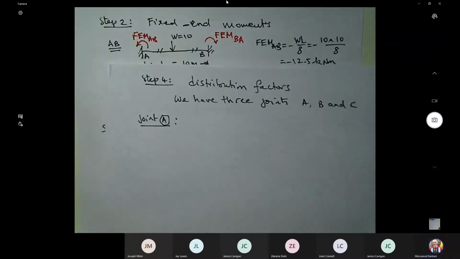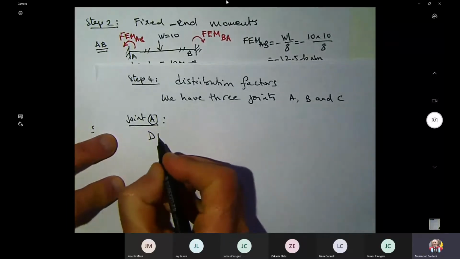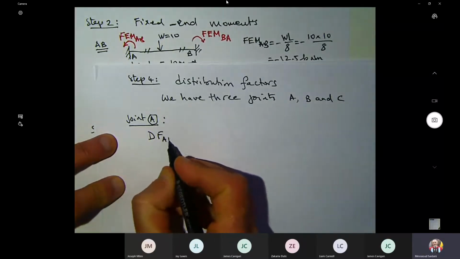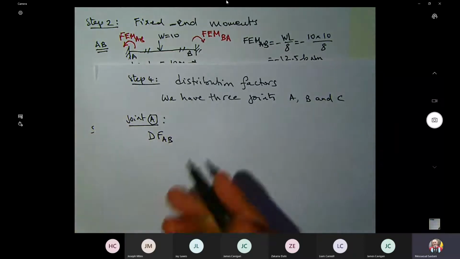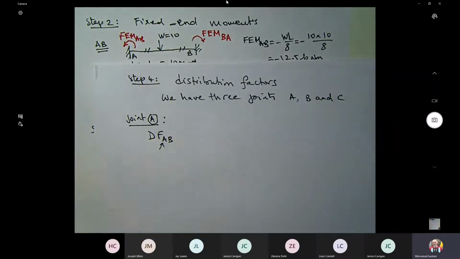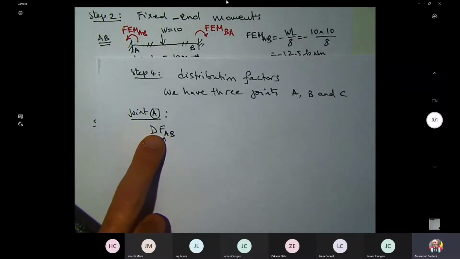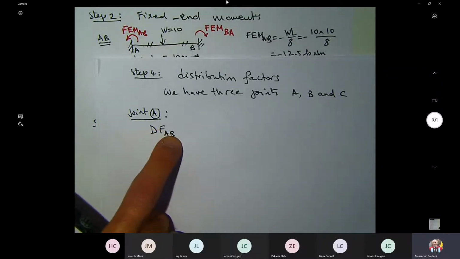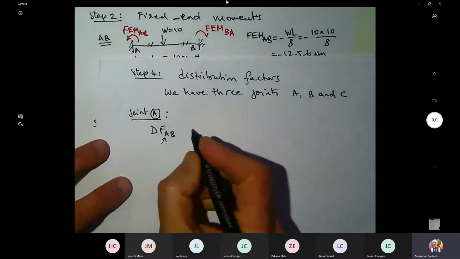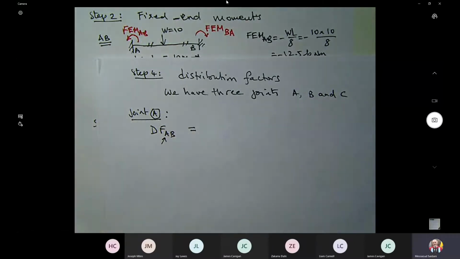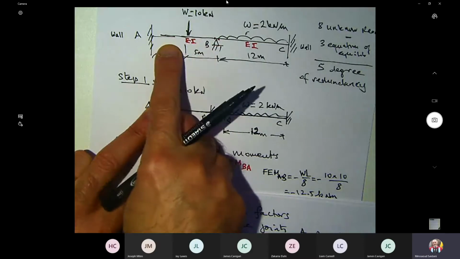So therefore, if we use the definition, we have the distribution factor at joint A of member AB. It's equal to the stiffness of AB. What is stiffness of AB?